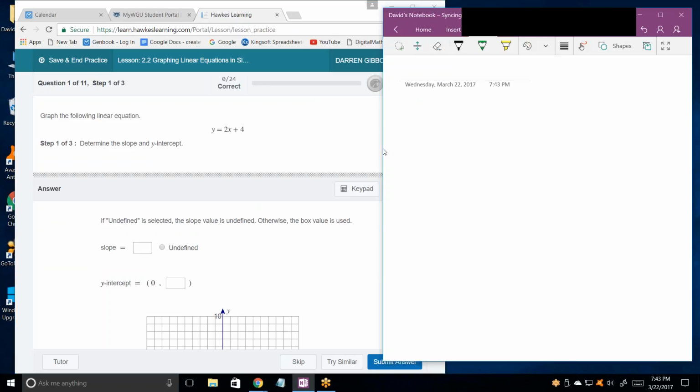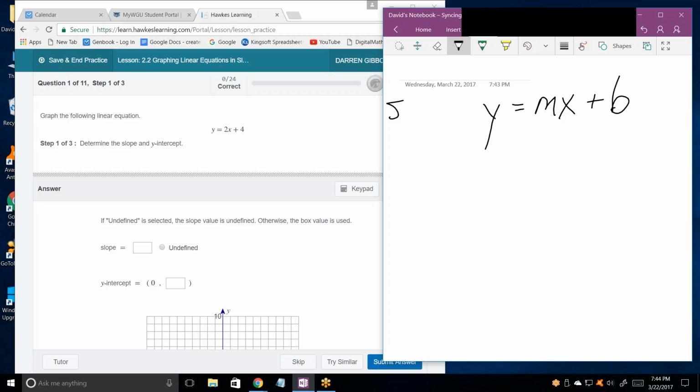All right. There is a standard format in math for a straight line. There's actually a number of them, but this is the most common one. y equals mx plus b.